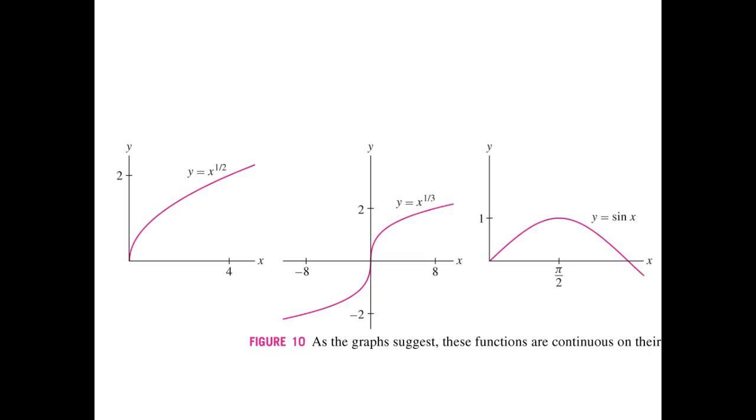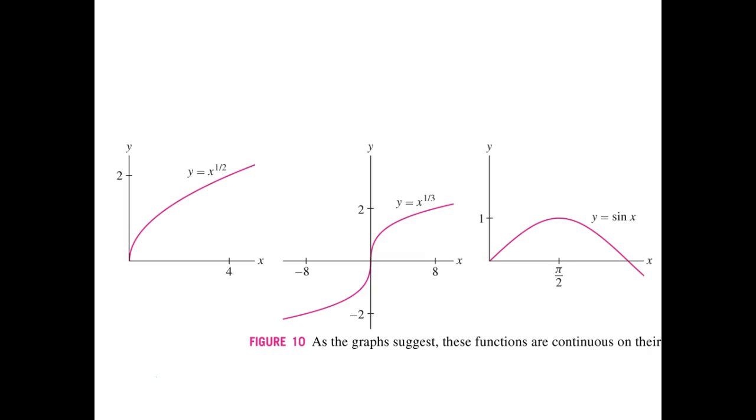Your cube root of x, see if I can get this right, would come in like this, including negative numbers. But as long as this is even, you're only talking about positive values, not negative values. So it looks like this. Oh, here's the cube root function.